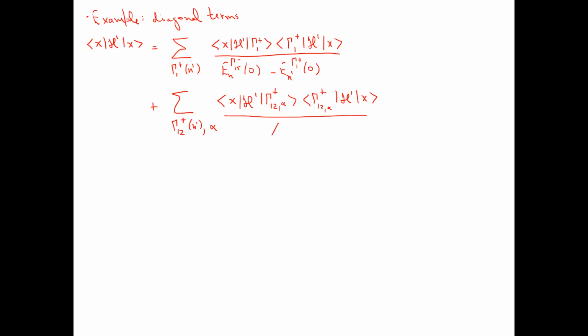Let me write in the energy denominators delta n and n prime, okay? It's the energy difference between the gamma 1 5 minus level that we want to investigate and the intermediate state n prime.